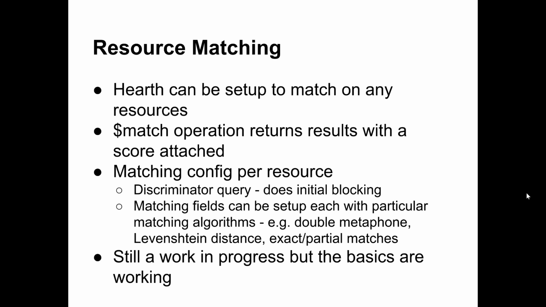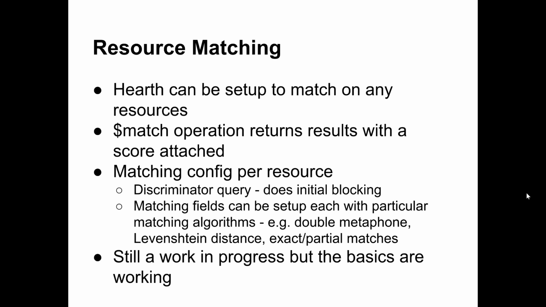So it's basically you choose the fields and you choose the algorithms that you want to match with, and once that's set up, the matching starts to function as you've configured it. Yeah, so that's basically how it works.